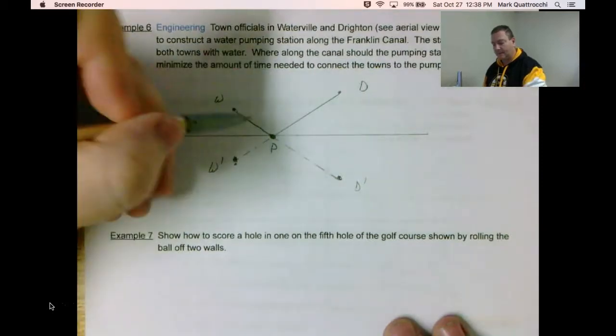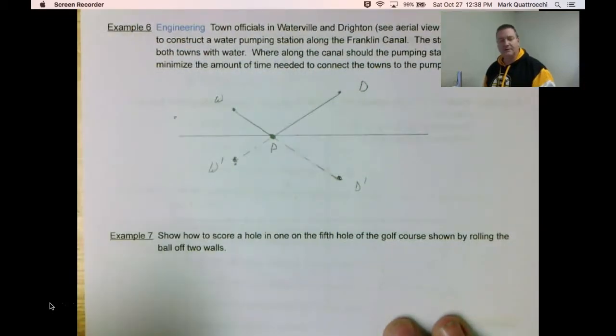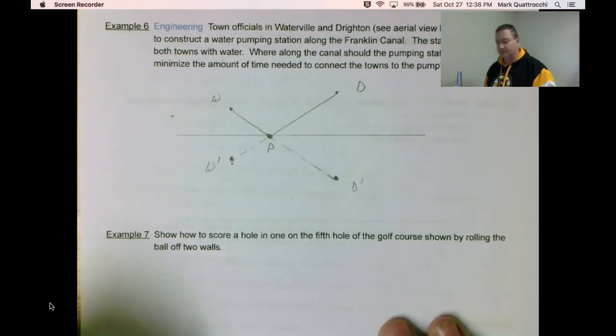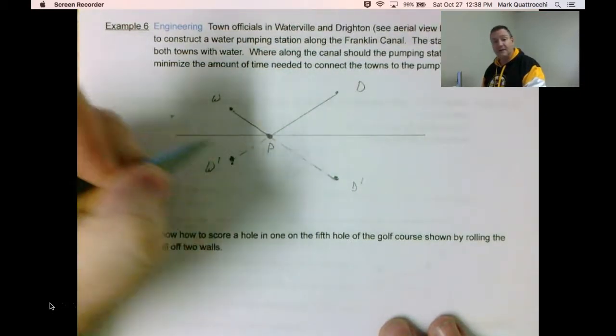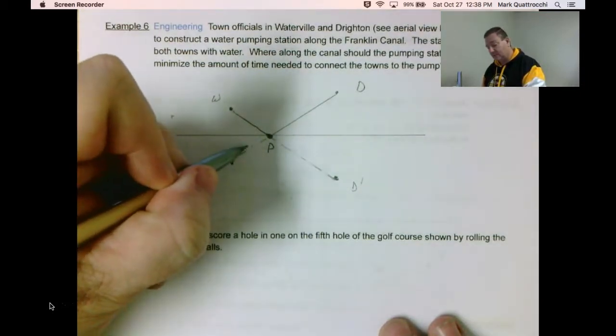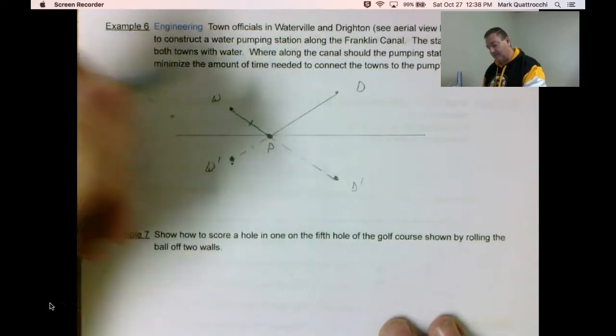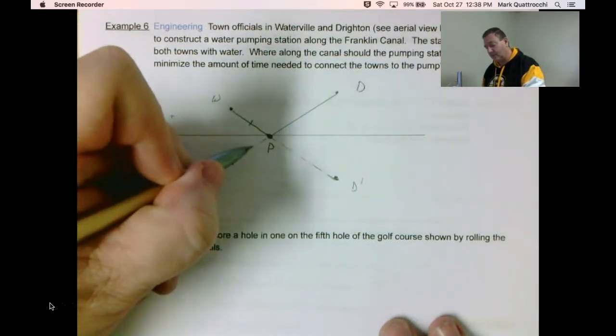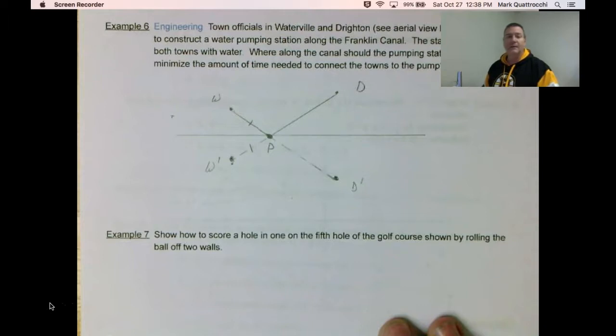How do I know that? Well, reflections are isometries. They're isometric transformations. They're rigid motions, meaning that they retain congruency. So W to P is reflected in W prime to P, meaning that segment must be congruent to that segment.